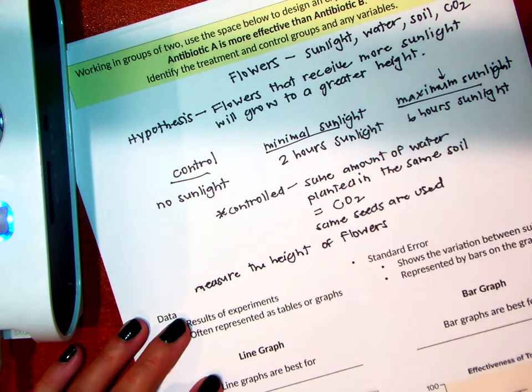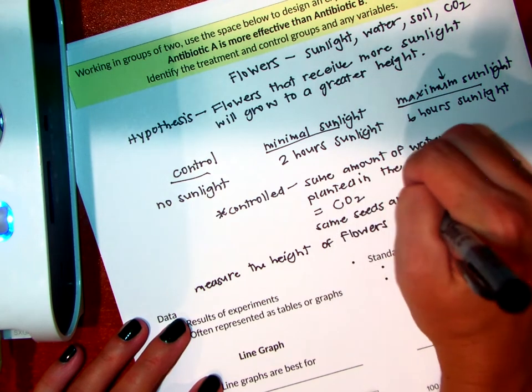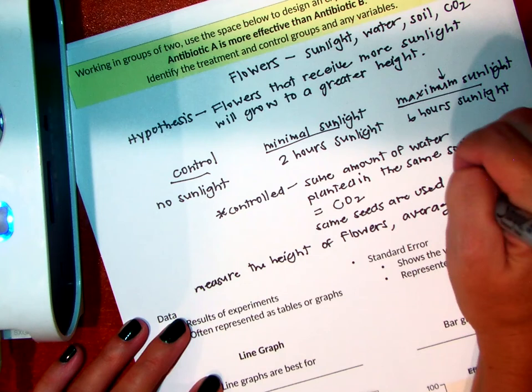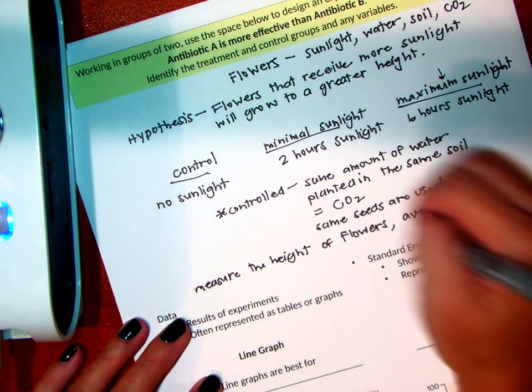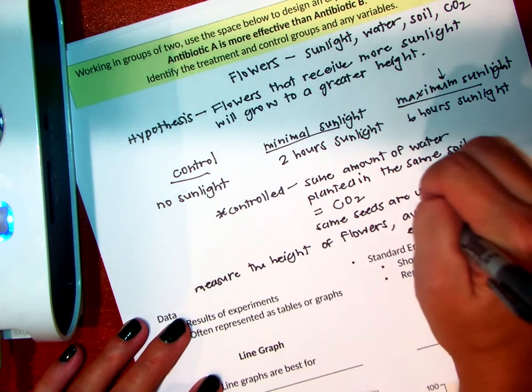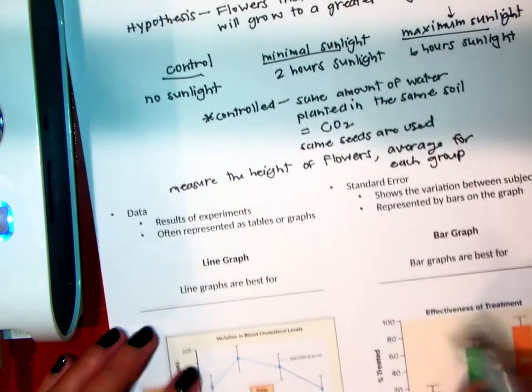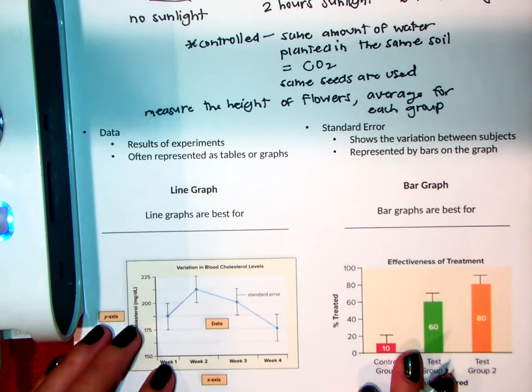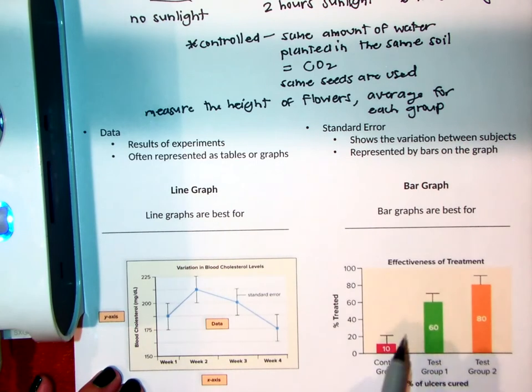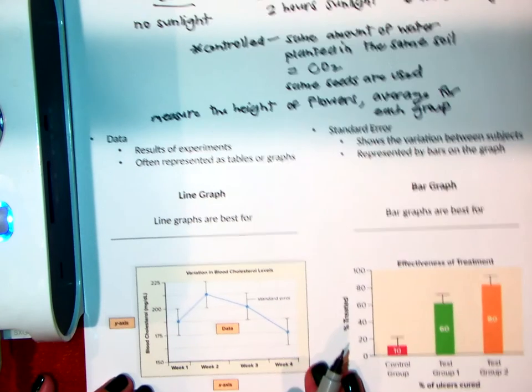And I would probably come up with an average for each group. And since this is a one-time measurement thing, and we'll get to this down here, it would probably be best to show the data on a bar graph like this. But I'm going to go ahead.